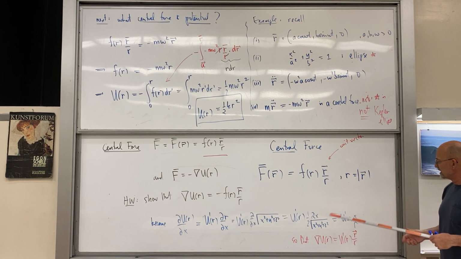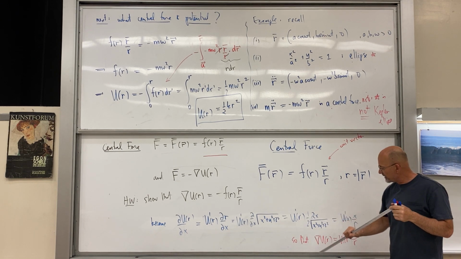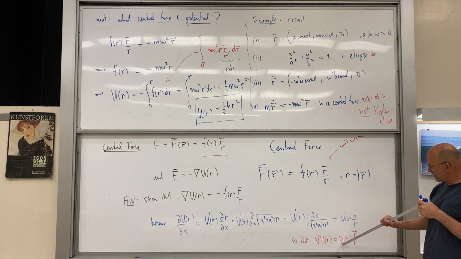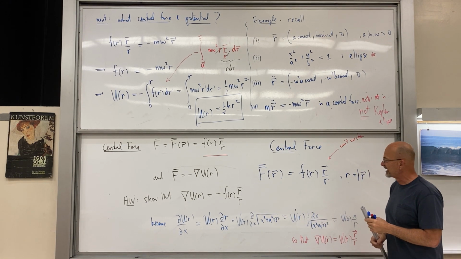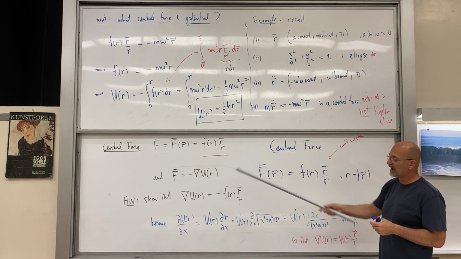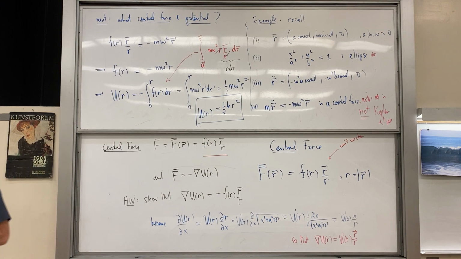I'll leave it at that. So I've actually shown half of this problem, and the other half is just formally showing that U prime of R is equal to minus F, and then you're done. But yeah, this is a really key one for us to understand. Good. I'll leave it at that, and see you guys next time.